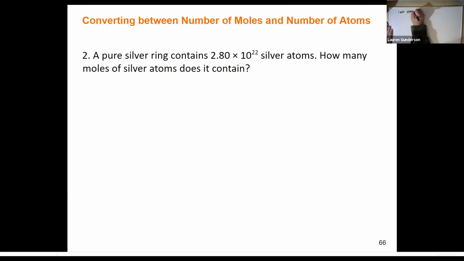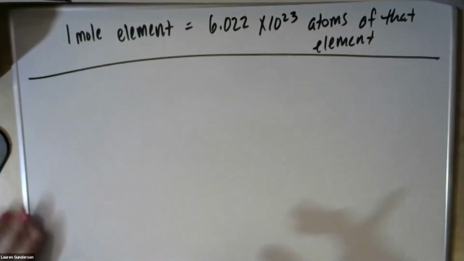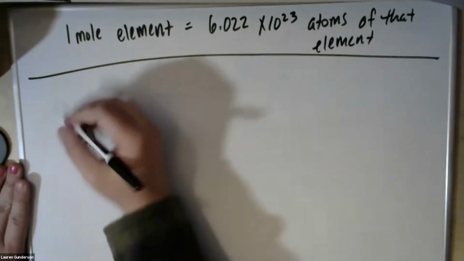I'm just going to rewrite Avogadro's number up here, because this is the version of Avogadro's number that we're using in these examples when we're looking at particular elements.